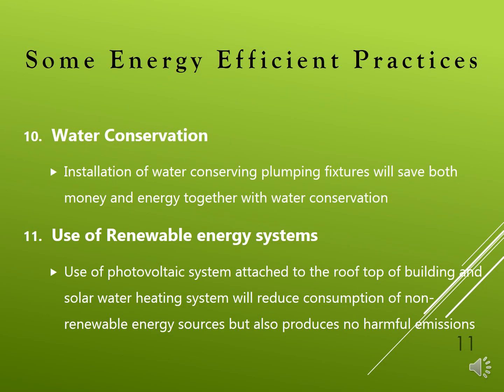Water conservation: installation of water conserving pumps and fixtures helps save both money and energy together with water. Use of renewable energy systems: photovoltaic systems attached to the rooftop of the buildings and solar water heating systems will reduce the consumption of non-renewable energy sources and also produce no harmful emissions into the ecosystem.